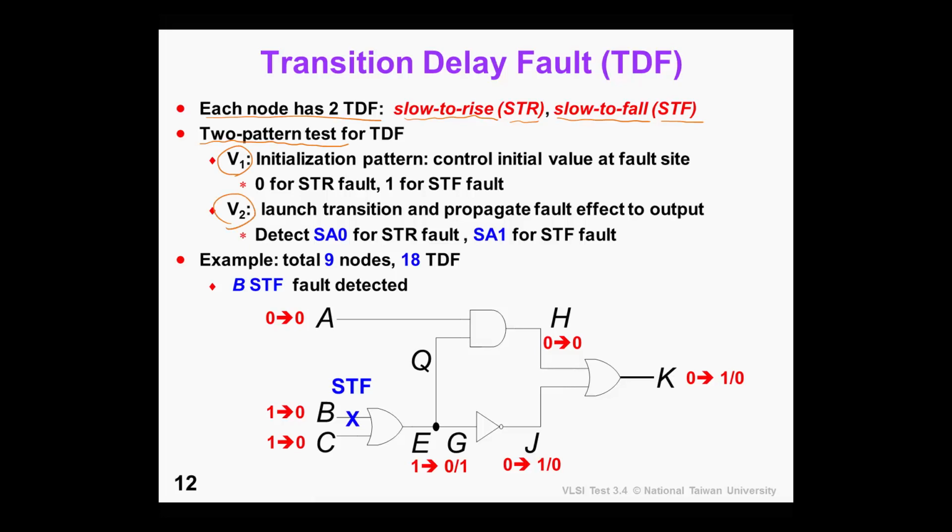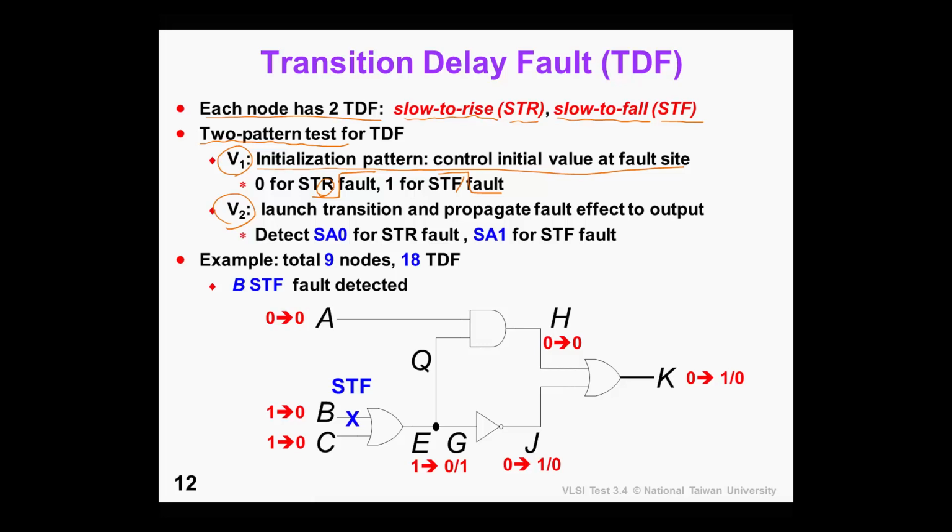In the first test pattern V1, we want to initialize the initial value at the fault site. For the slow to rise fault, we would like to create a rising transition. So in the first pattern, we want to control the fault site to 0. On the contrary, for a slow to fall fault, we would like to create a falling transition. So in the first pattern, we want to control the fault site to 1.